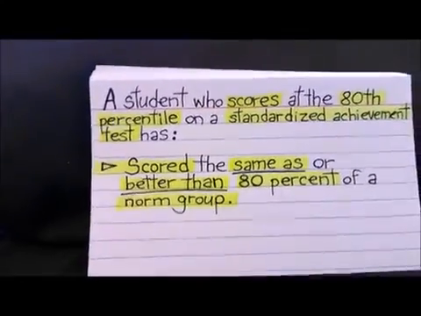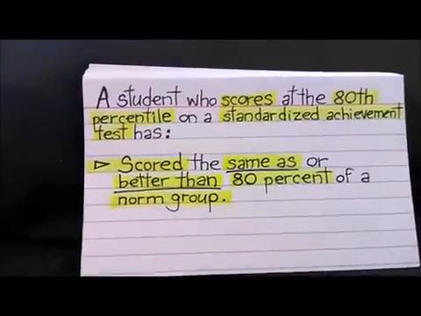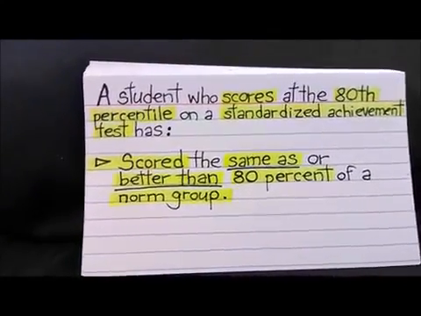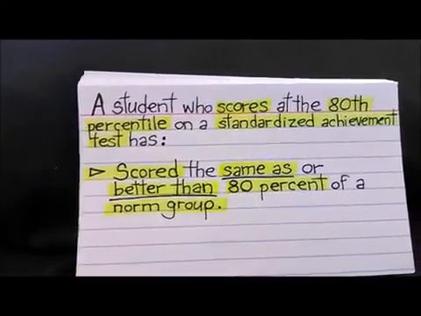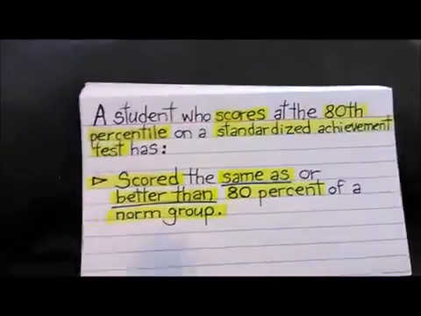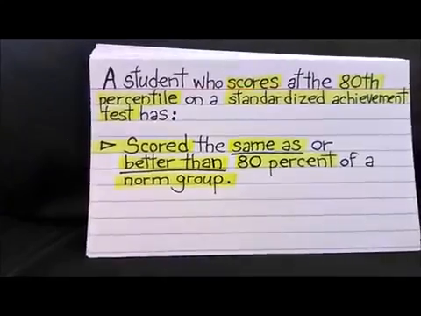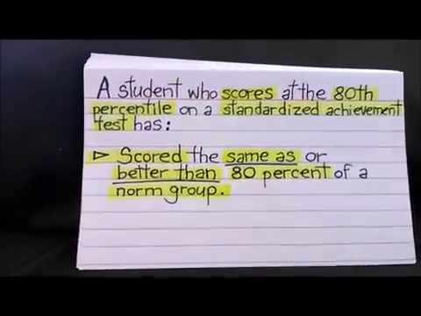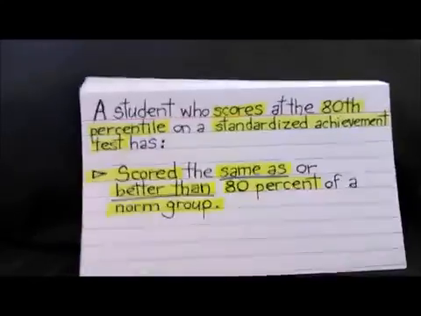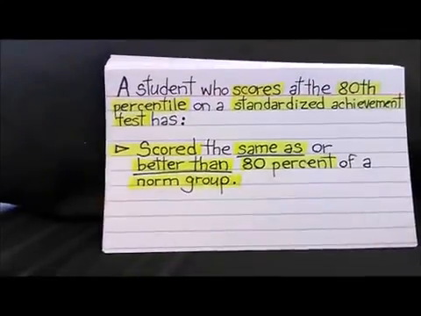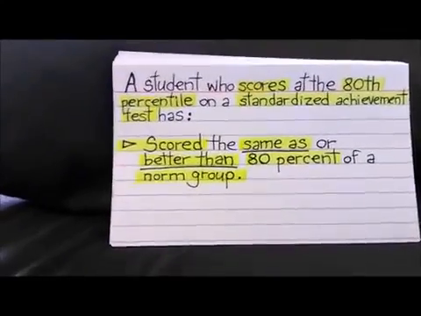A student who scores at the 80th percentile on a standardized achievement test has scored the same as or better than 80% of a norm group. That's what that means.